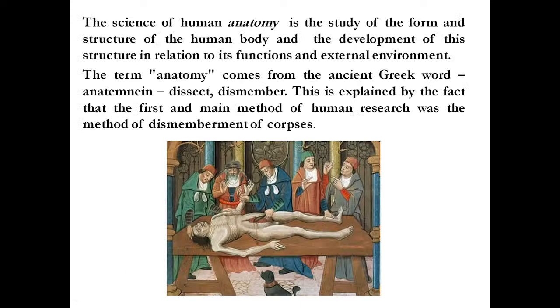The science of human anatomy is the study of the form and the structure of the human body and the development of this structure in relation to its function and external environment. The term anatomy comes from the ancient Greek words anatemnein, to dissect and dismember.